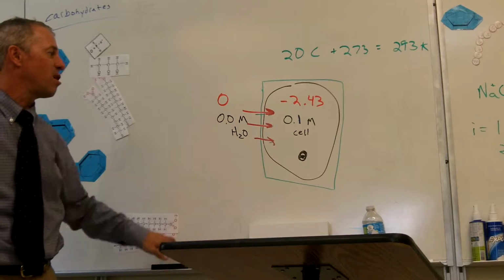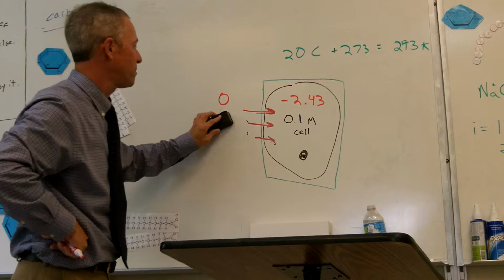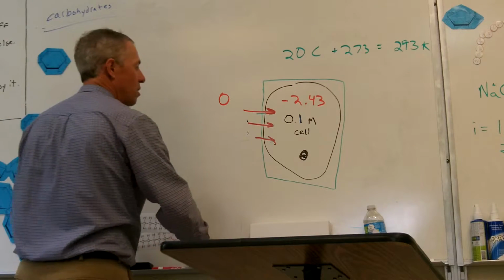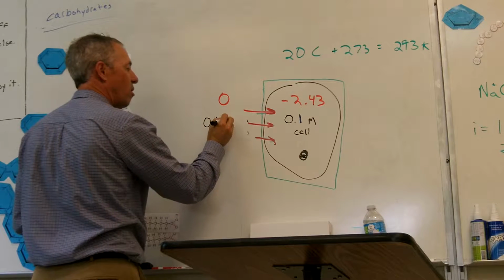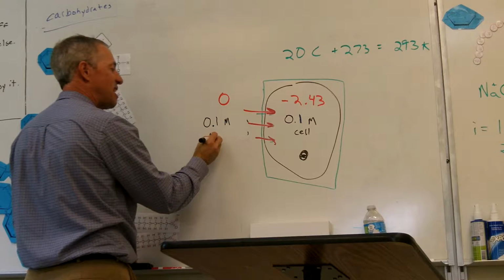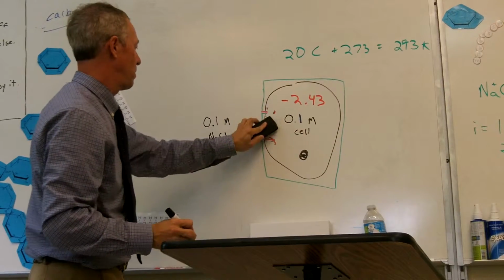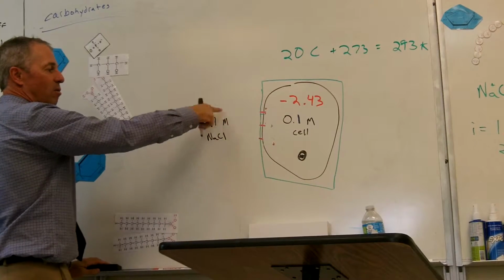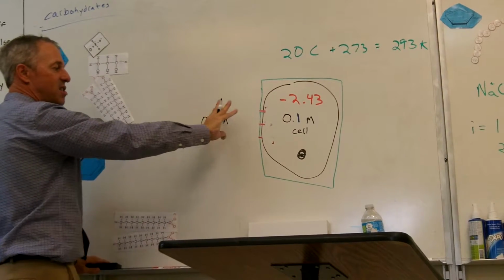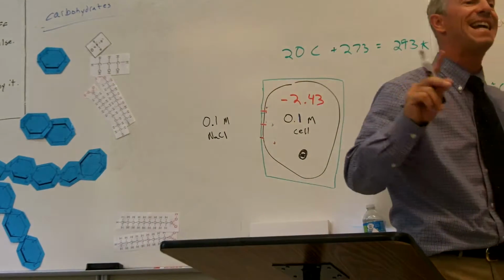What if this wasn't 0.0 molar water? What if this was 0.1 molar NaCl? Go ahead and calculate what the water potential is over here. Let's say it's at standard atmospheric pressure. You plug everything in, but it's NaCl.